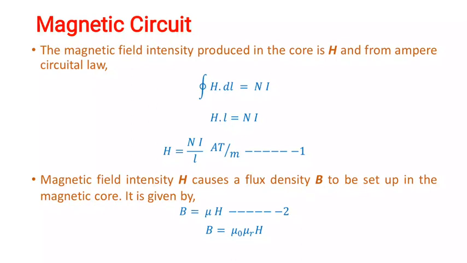Then magnetic field intensity causes the flux density. As we have already defined, magnetic field intensity will cause the flux density to be set up. So what is this flux density?